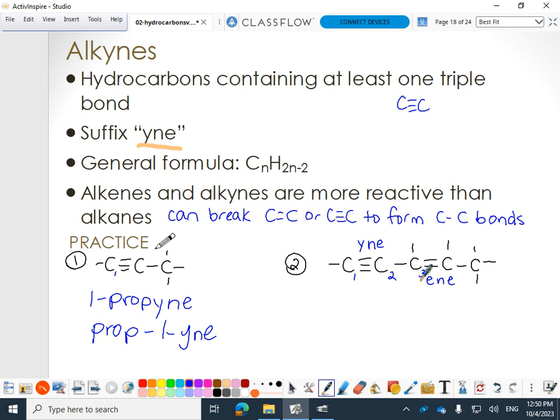And try your best to do alphabetical order. So 1, 2, 3, 4, 5 is pent. So 3-ene, 1-ine. If you write the ine first because it has a number 1, I won't take marks off, but again, I can't guarantee your organic prof will not.